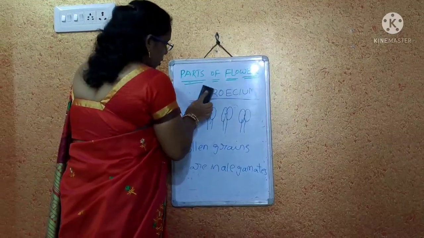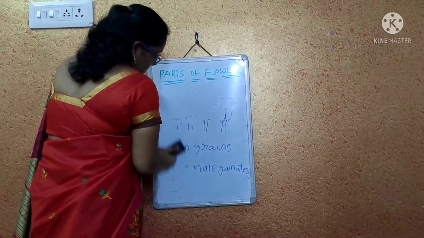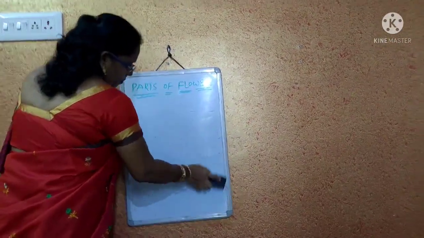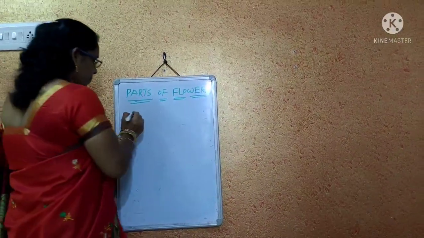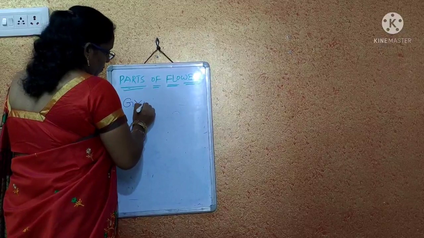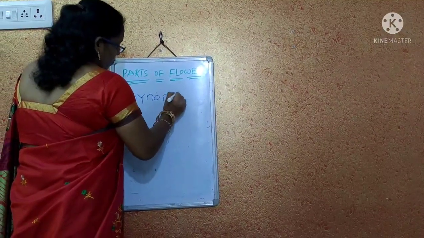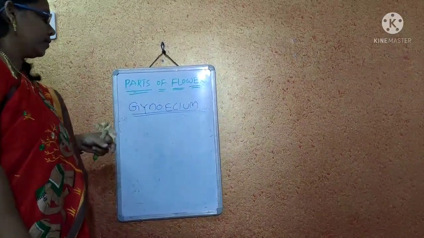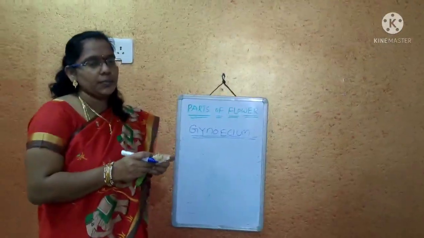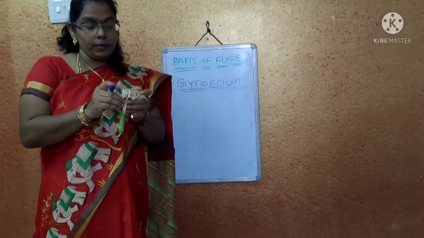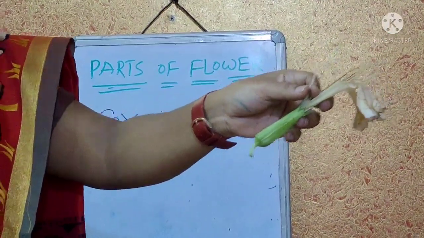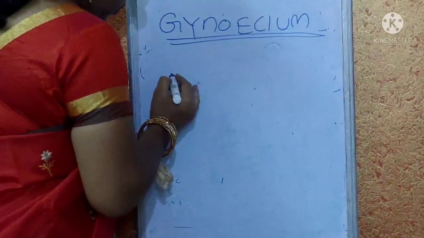Now, next part, gynoecium. Gynoecium is the female reproductive part of the flower. It is single.